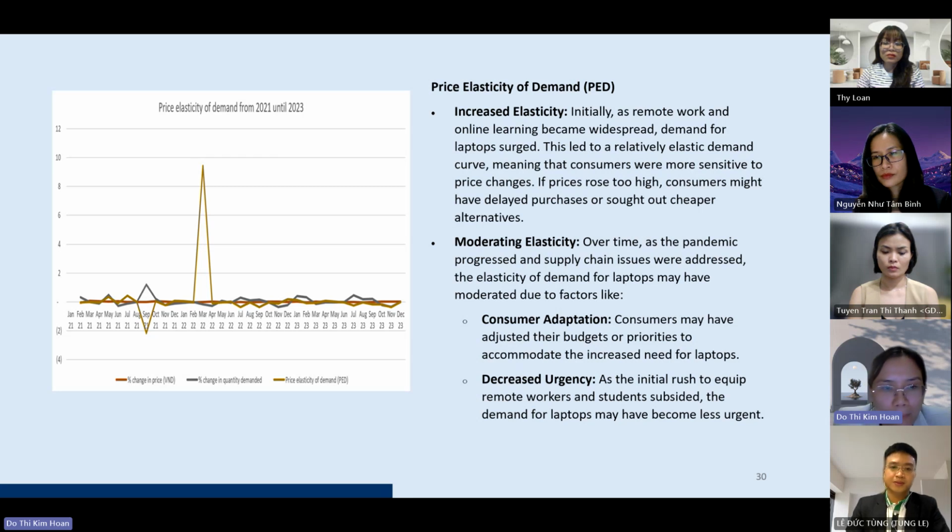Especially around September 2021, customers started to adjust their budget for their laptop needs. Besides that, there was also less urgency in demand. With remote work at home, the demand for laptops might become less urgent.